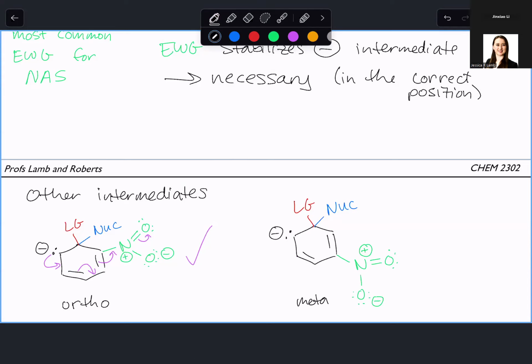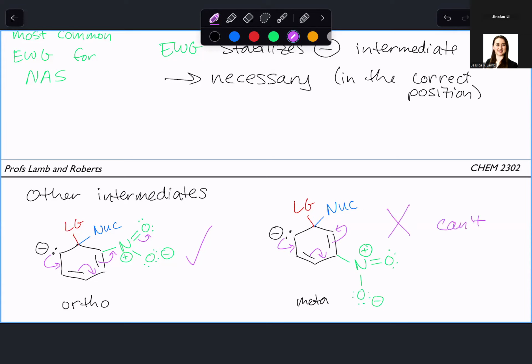Again, I'm going to try to push that negative charge into the nitro group. The lone pair can form a double bond here, can push this over, can push this over. It's not possible. I actually cannot push that negative charge into the electron withdrawing group. So this one does not work.